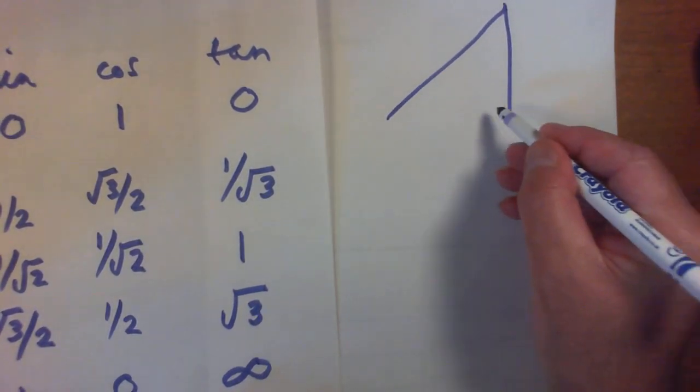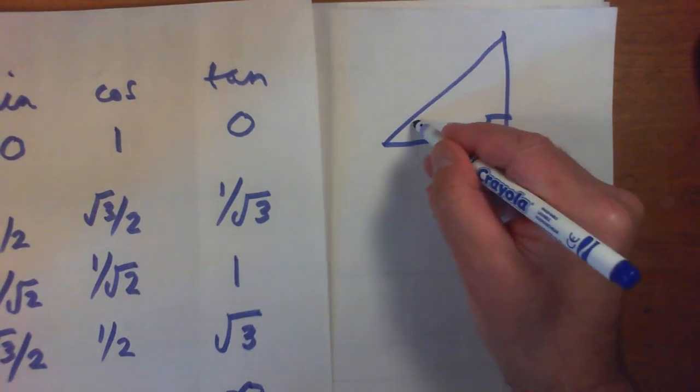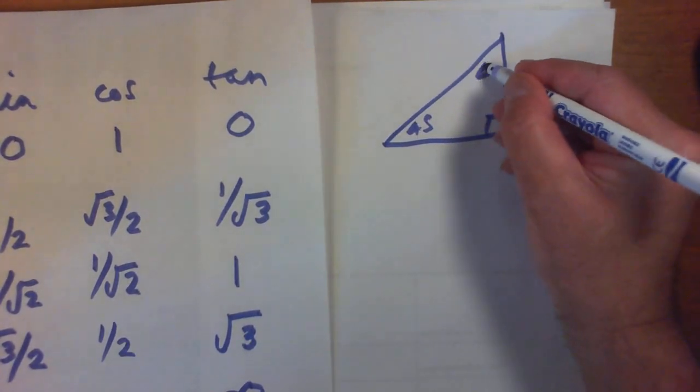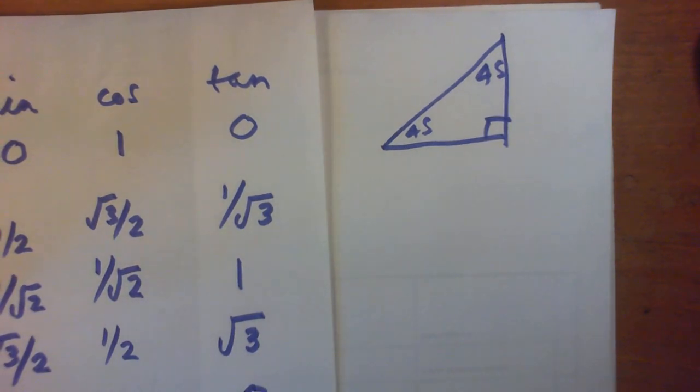If I've got a triangle like that, one rule I haven't stated so far is that the internal angles of a triangle must equal 180.